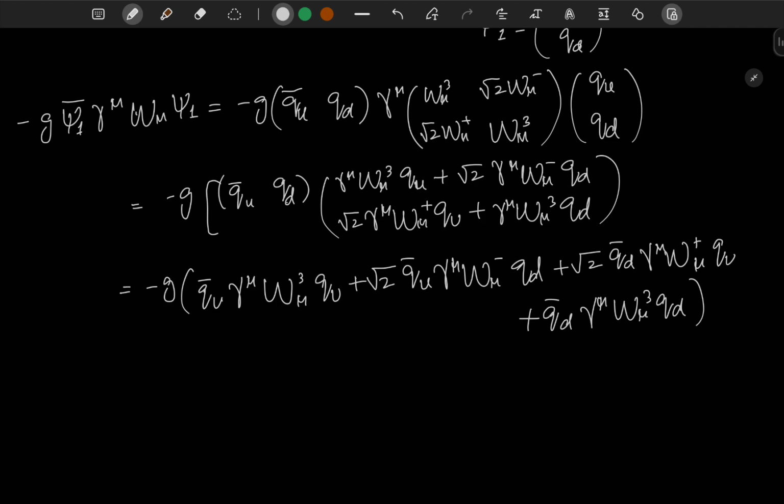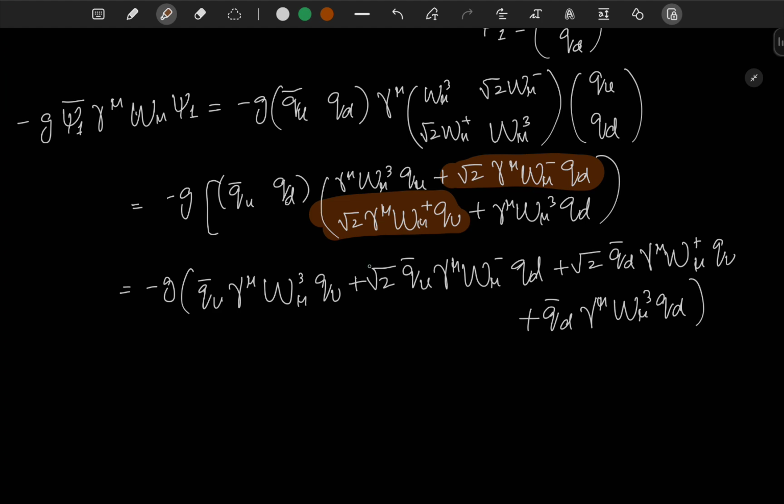Okay, so for the time being we are only considering the off diagonal terms, which are the ones with W minus and W plus. So why are we considering only the off diagonal terms?